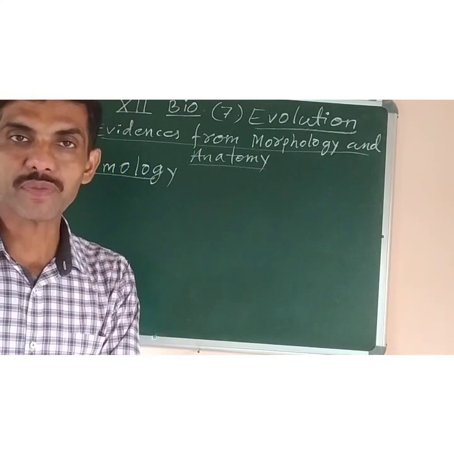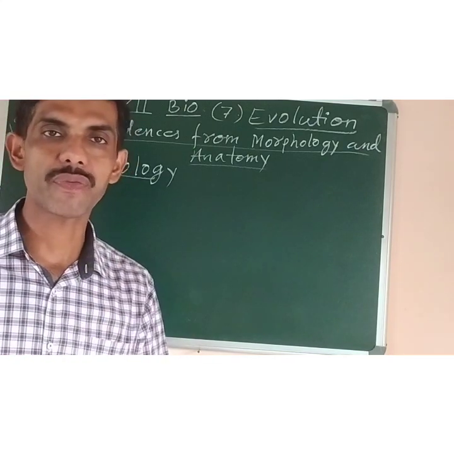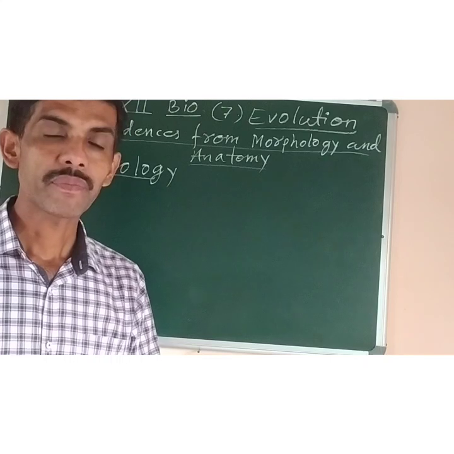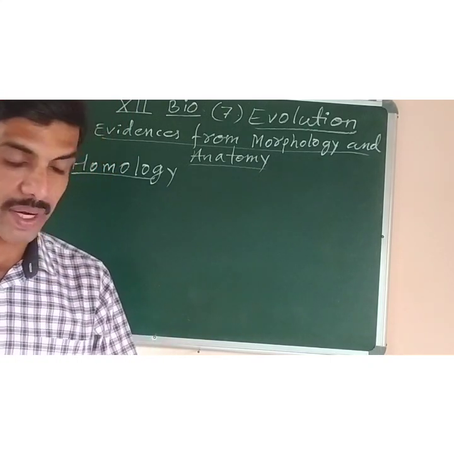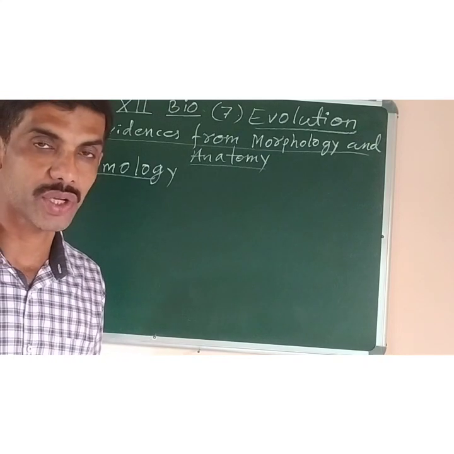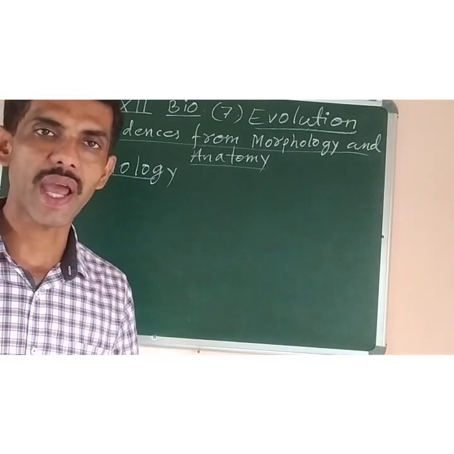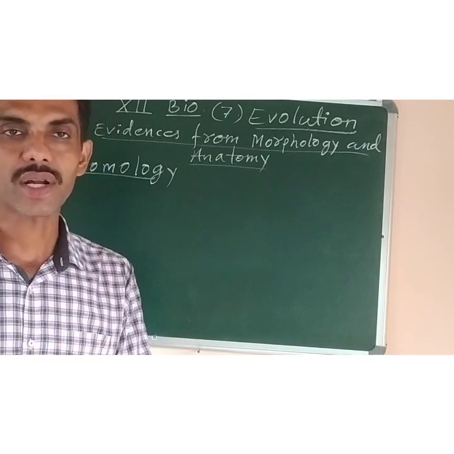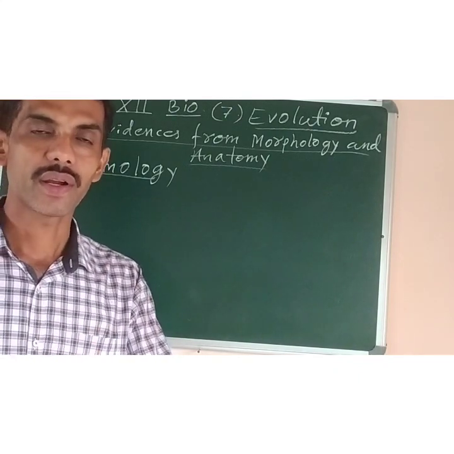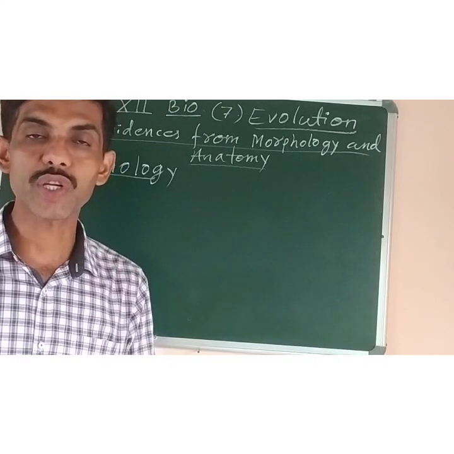Means the arms of man or the flippers of whale, all of them have a common origin. They are born from a particular place in their embryonic condition, but they carry out different types of functions. Like we use it for grasping the object, the horses use their forelimbs for running, whereas some of them use it for swimming.